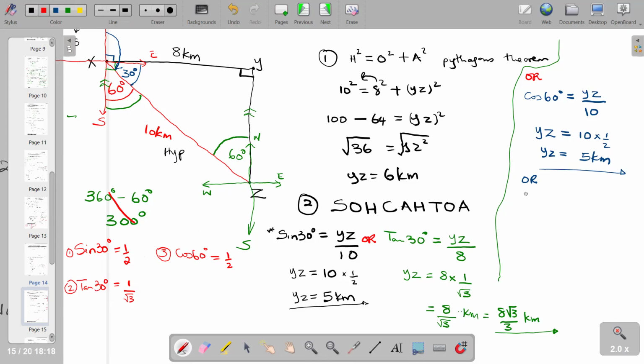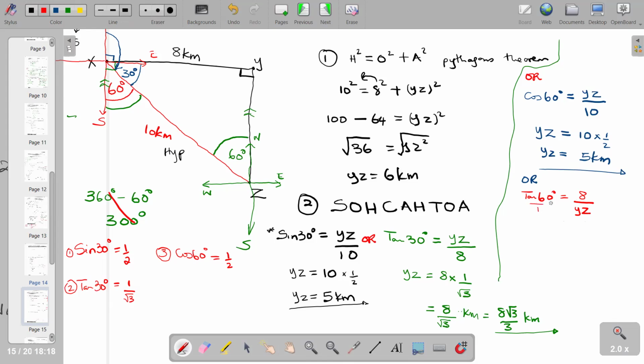So tan 60 degrees is equal to opposite over adjacent. The opposite of 60 is 8, so it is equal to 8 over the adjacent. The adjacent is YZ, and this is the same as over 1.